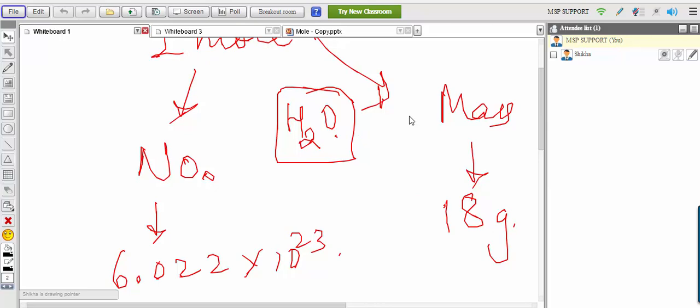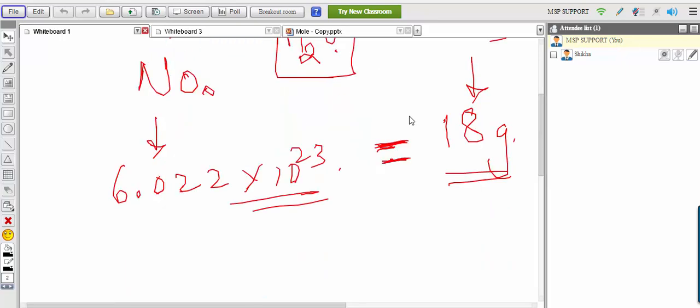And if you remember, I told you in the beginning that this is the bridging concept that relates the mass to the number. So therefore, now we can conclude that 18 grams of water consists of 6.022 into 10 to the power 23 water molecules.